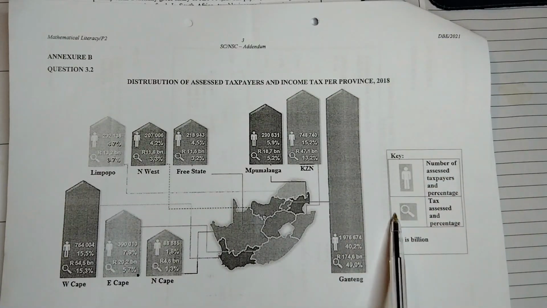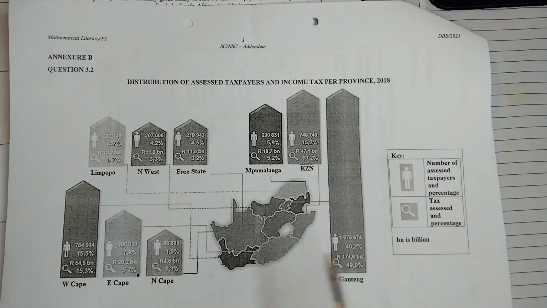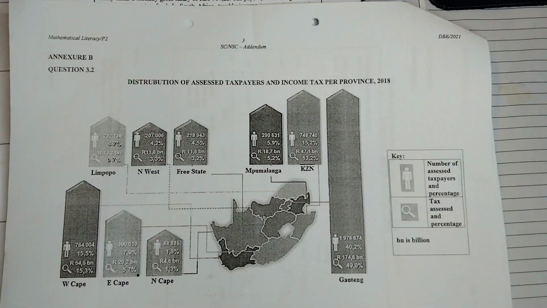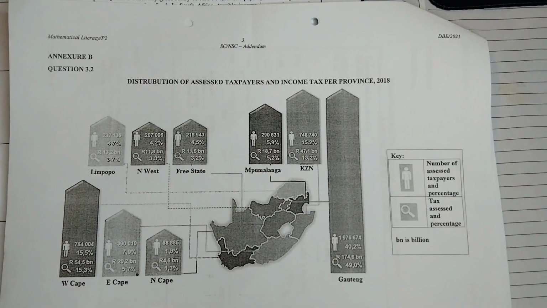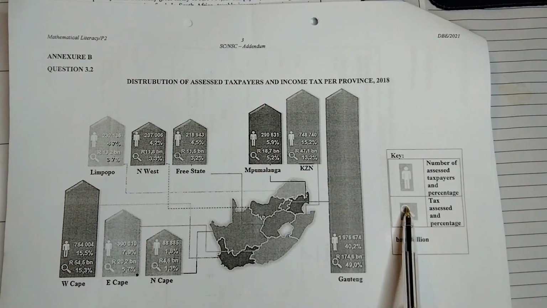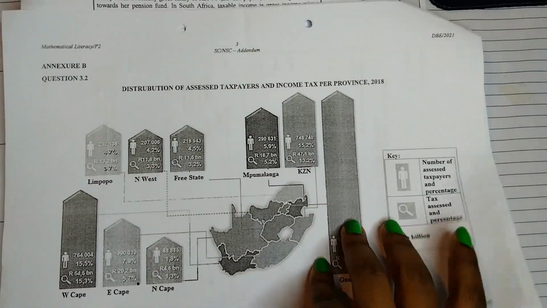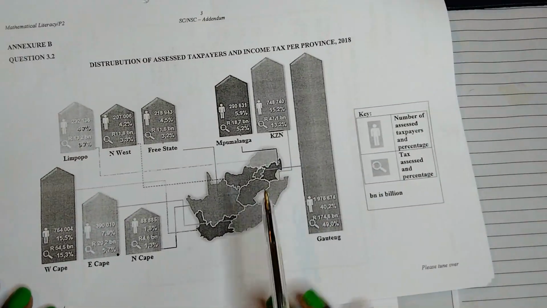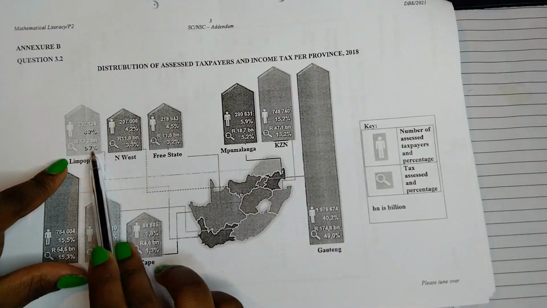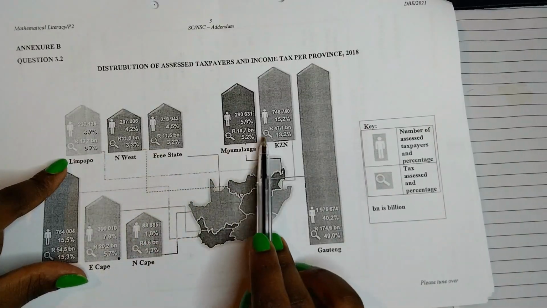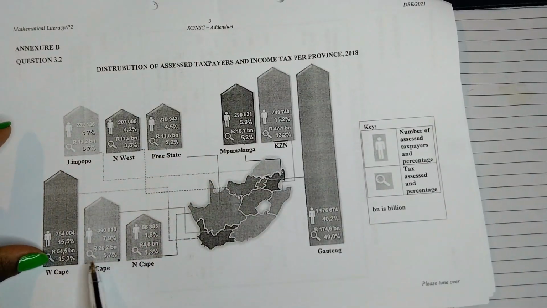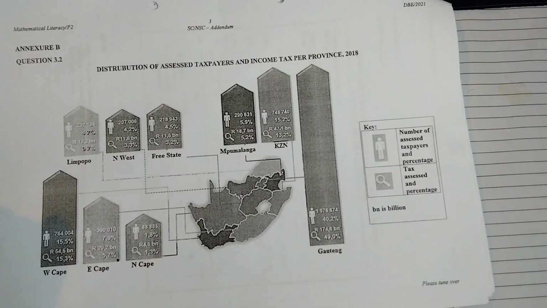And that search key represents the tax assessed and the percentage. So in this question, we are going to be focusing on this search key, because that represents what we want, the tax assessed. So we're going to look at the search key and arrange all this data in descending order.